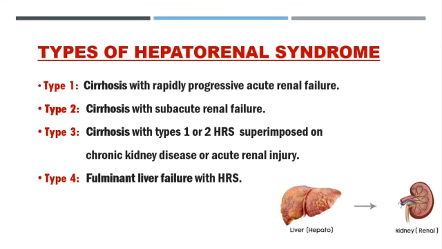And type 4 is fulminant liver failure with hepatorenal syndrome. As you can see in these diagrams, the disease travels from the liver towards the kidney. The mechanism of this disease is that severe secretions in the liver result in vasodilation, and due to that vasodilation hypotension occurs, and hypotension may result in kidney failure.